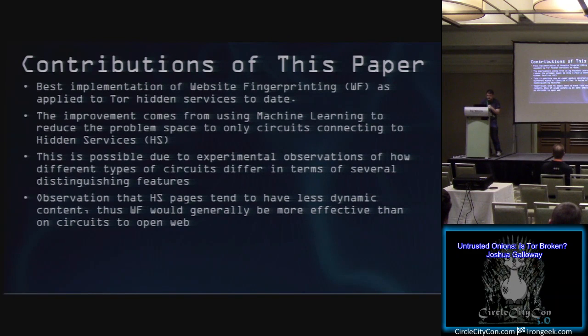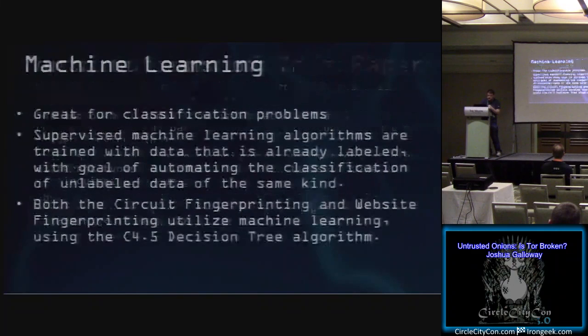So basically, machine learning is used for classification problems. Supervised machine learning takes data that is already labeled and uses it to train an algorithm, so that once you provide additional data, it can categorize it from the clusters it recognizes from the data that was already labeled.